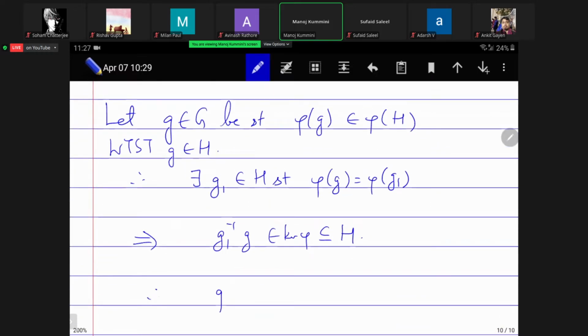Therefore, g, which is g1 times g1 inverse g. g1 is inside H. This we just checked is inside the kernel, so it's inside H. So this is inside H. So this is where the hypothesis is.